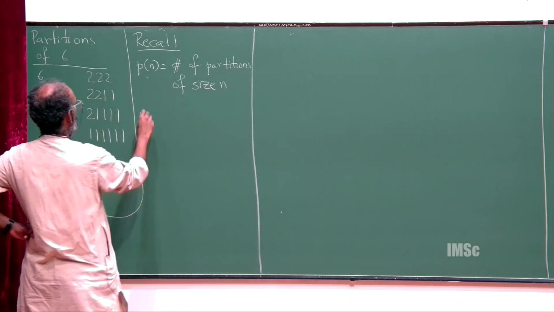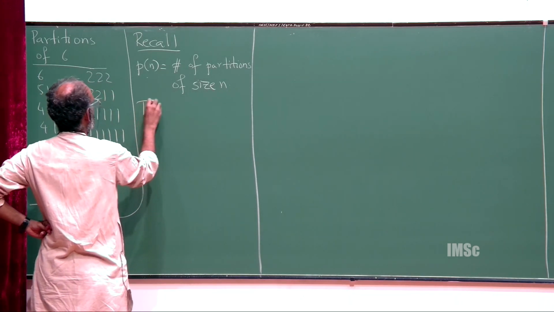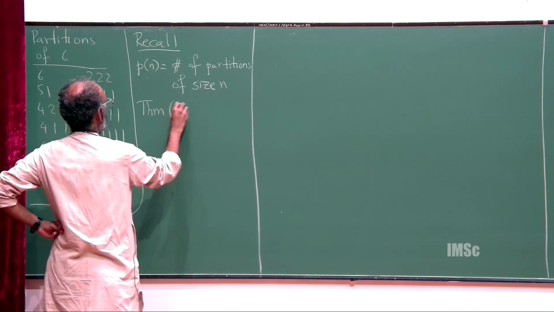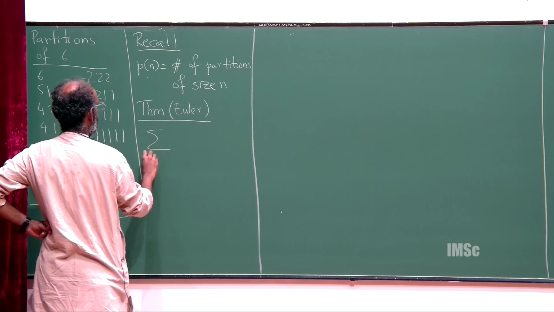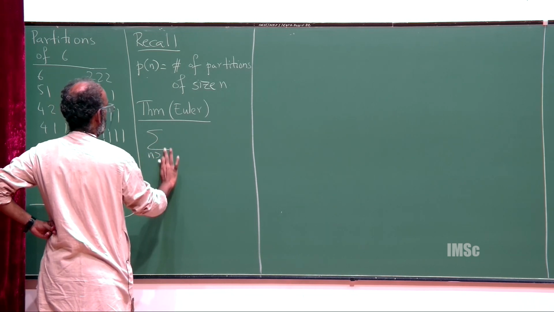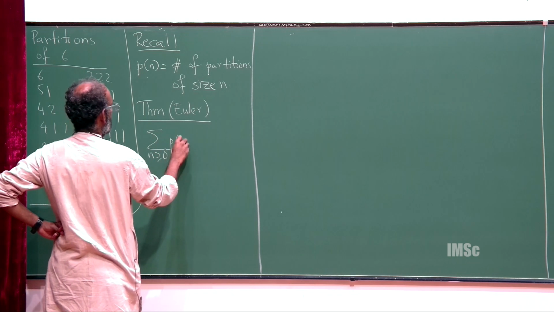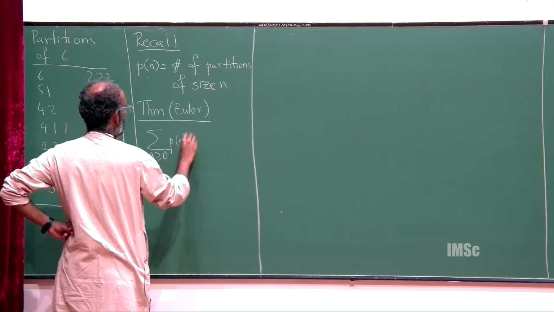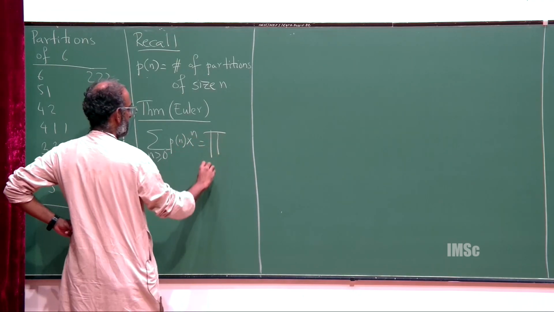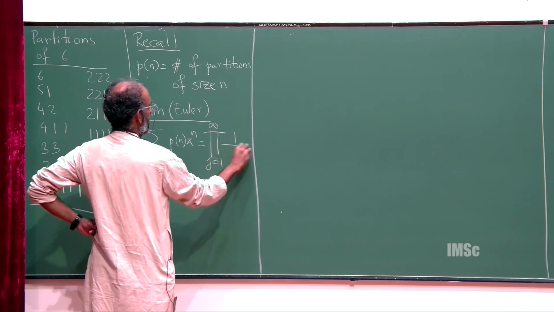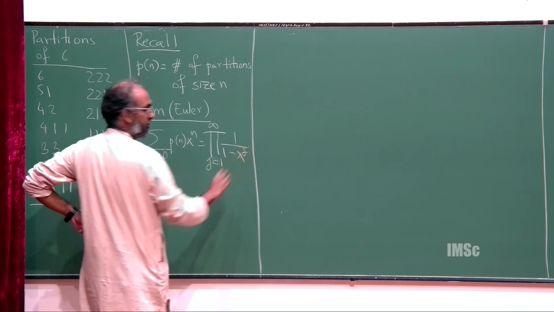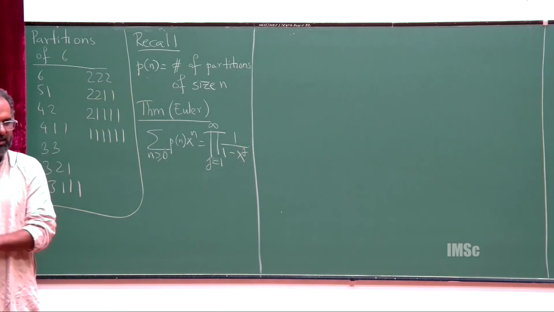And we proved this theorem due to Euler that the sum over n greater than or equal to 0 of Pn x power n is given by this beautiful product formula, right? We proved this last time.